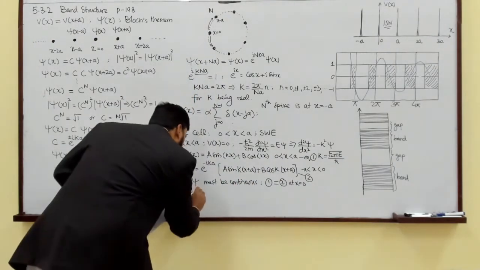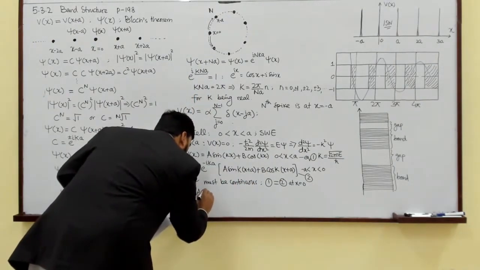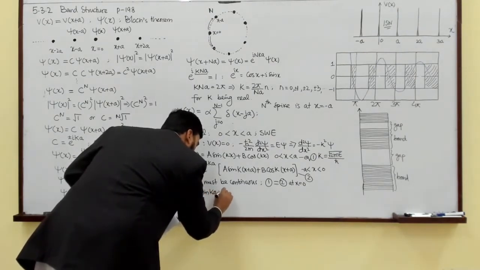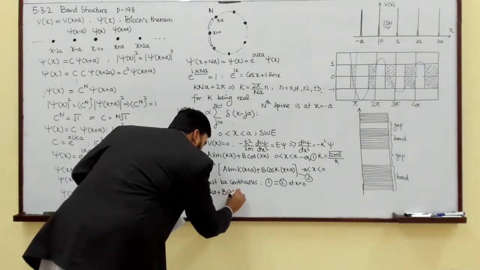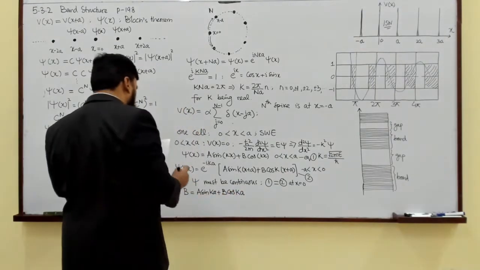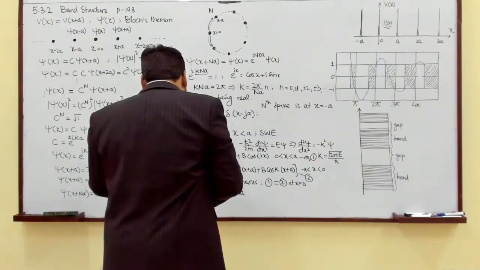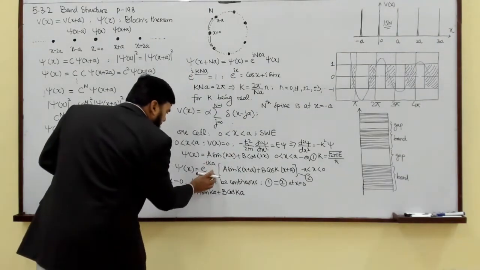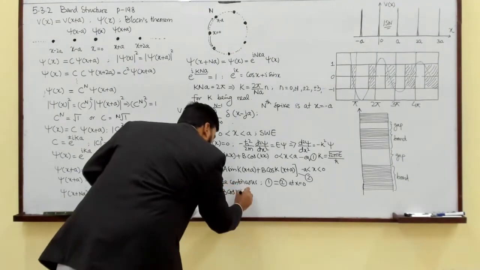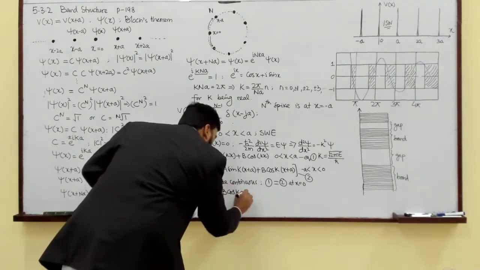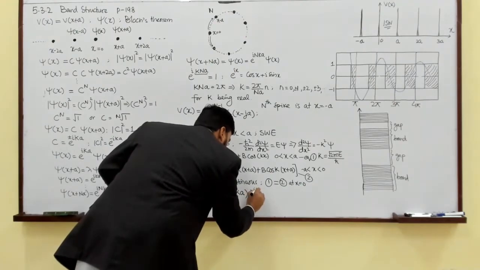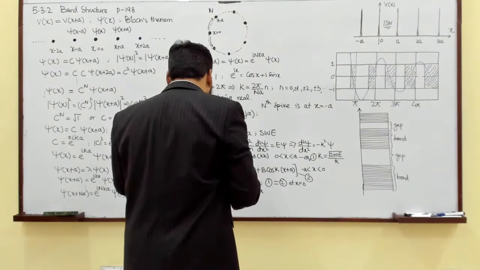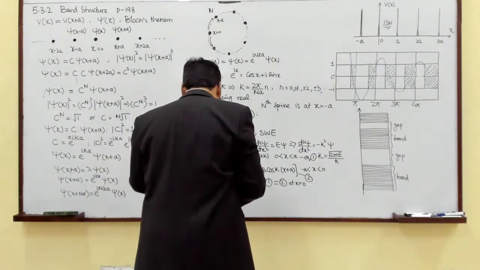So B equals A sin Ka plus B cos Ka, and it will have this in the multiplication, so multiplied by e to the minus iKa. And let's say this is equation 3.